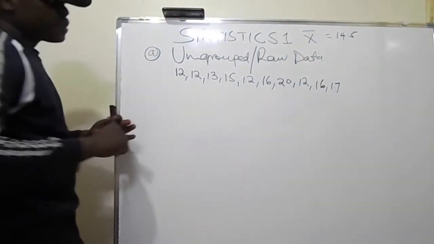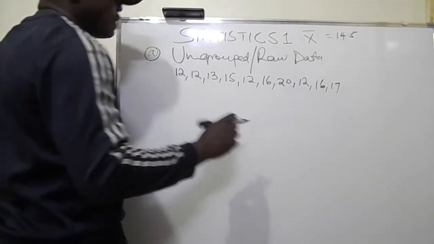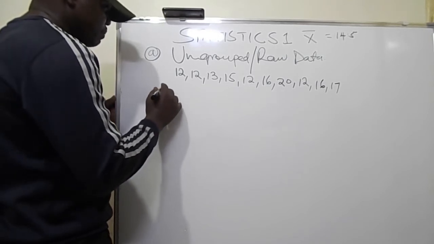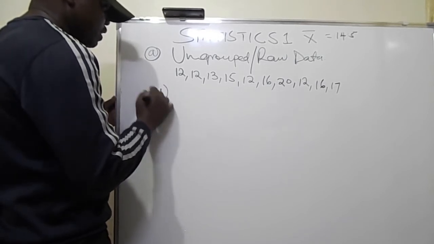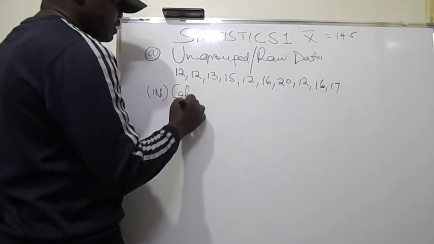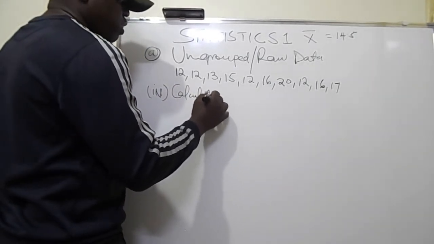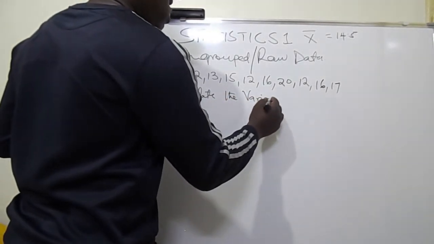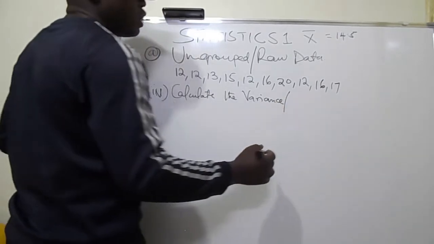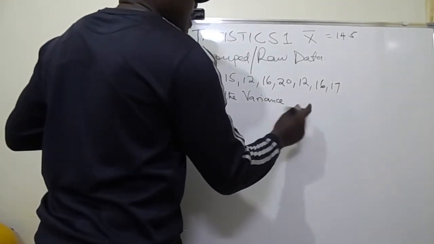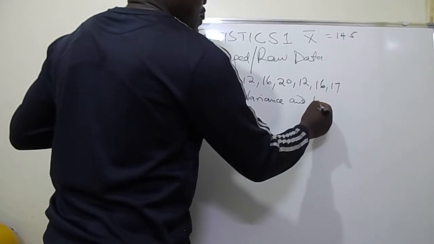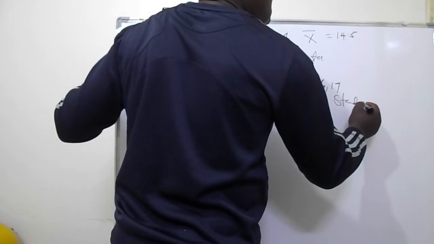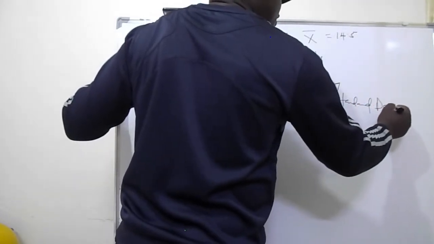Good. So after this, the next question, which is very important, and you be a bit more keen when I'm dealing with this, the fourth question is calculate the variance, or what we call the variance, and standard deviation.